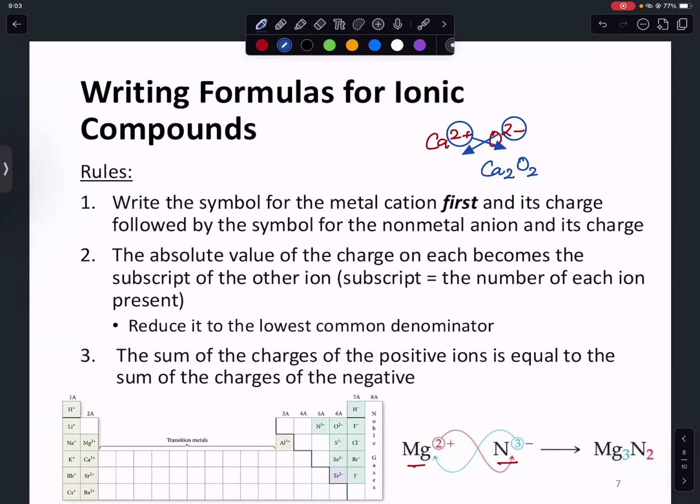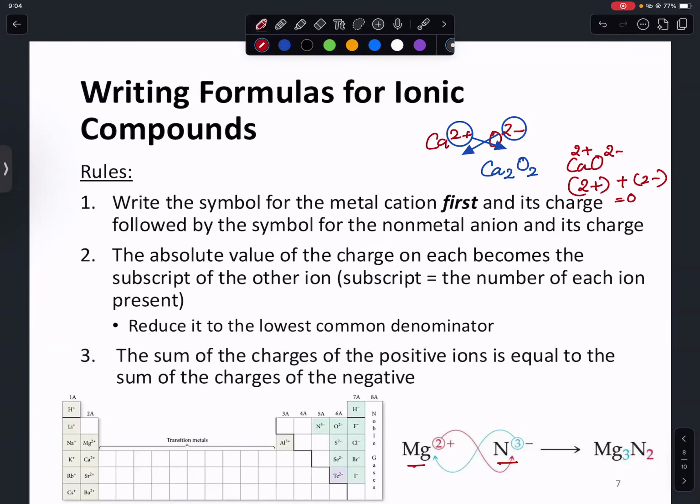In this case, we will have to divide by 2 to reduce to the lowest common denominator, and we'll get CaO. Then make sure that you have the same number of positive and negative charges. So again, in calcium oxide, I have a 2 plus and a 2 minus. 2 plus 2 minus equals 0, and that means it is a neutral compound.